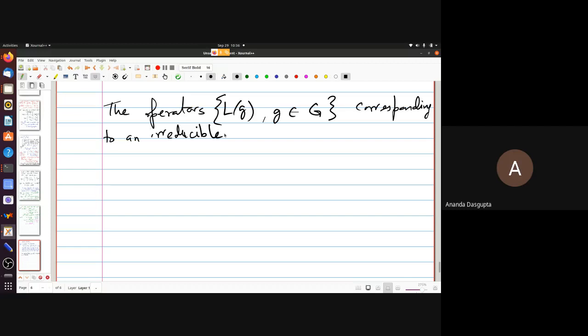A representation is reducible if there is an invariant subspace. If there is no such invariant subspace other than the trivial ones, then it is irreducible.